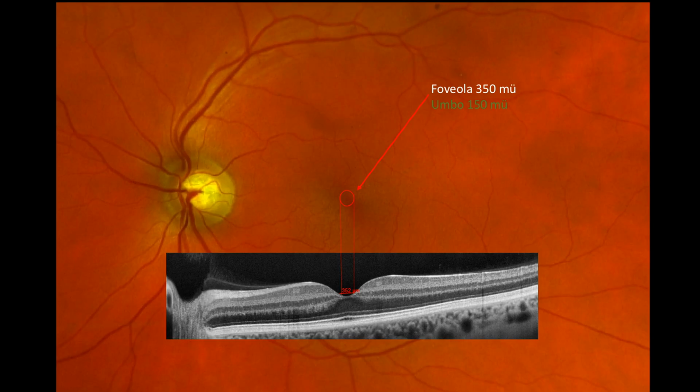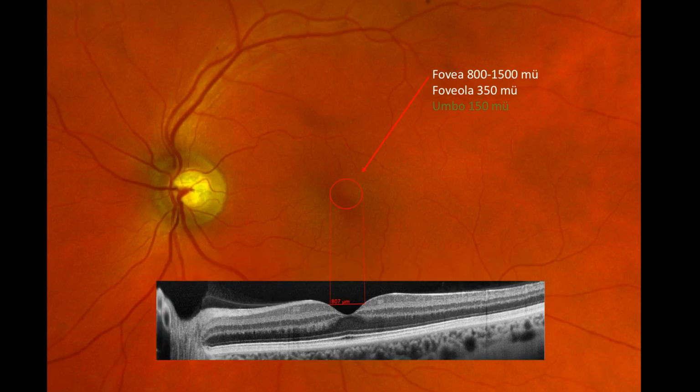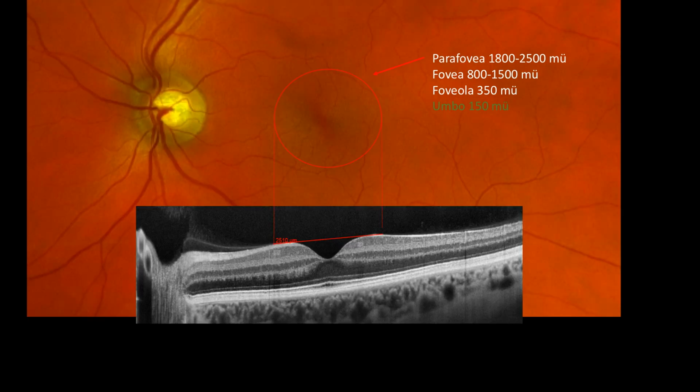Then, the 350 microns foveola, then the fovea of 800 microns, then the parafovea with a diameter of 1800 microns.